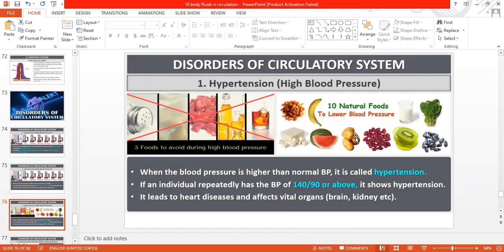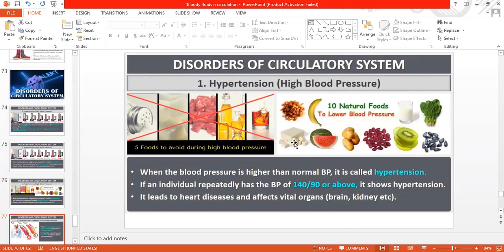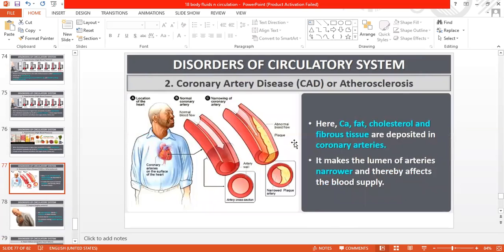You can see fruits, kiwi, broccoli, milk, raisins, then rajma, banana, paneer. So nowadays, people are favoring a vegetarian diet as well.